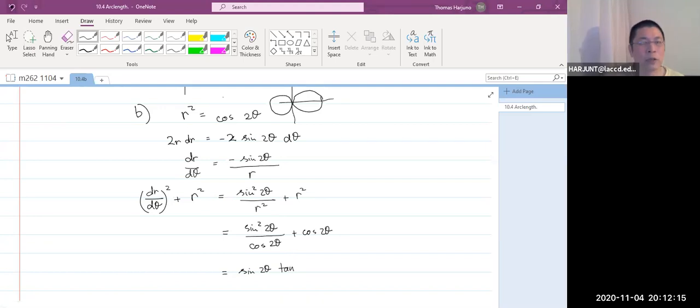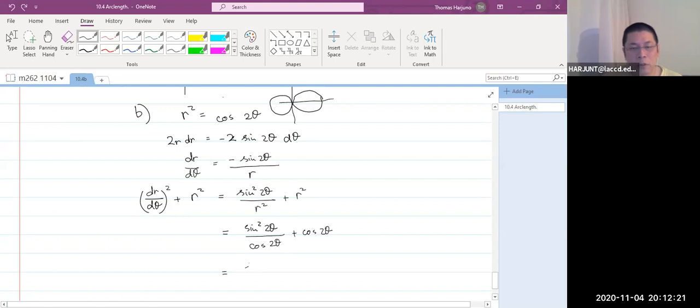Nah, I don't want to do that. Let me do LCD. If I do LCD, I will get sine squared 2 theta plus cosine squared 2 theta over cosine 2 theta, which is 1 over cosine 2 theta.